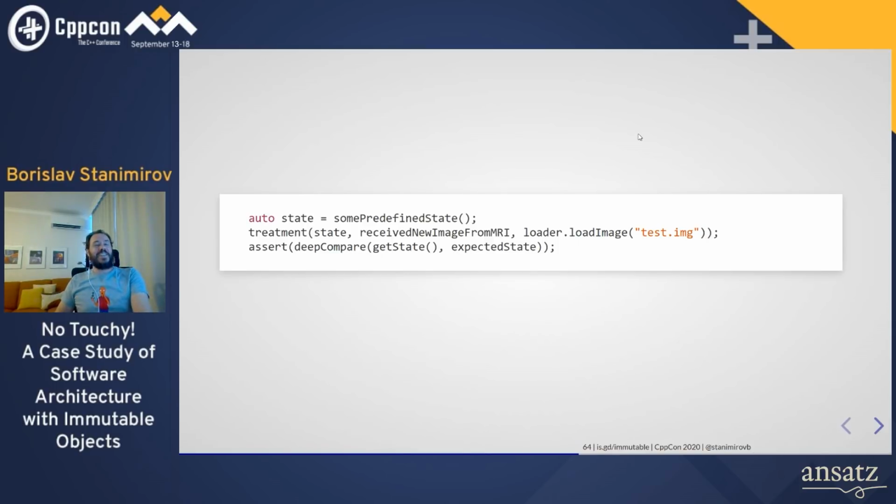So I didn't express myself really clearly here, but you get the picture. We can test that the treatment with the action receive new image from MRI works okay. And this is big bang integration testing. So we have the entire treatment logic inside of the treatment function, and we test it.